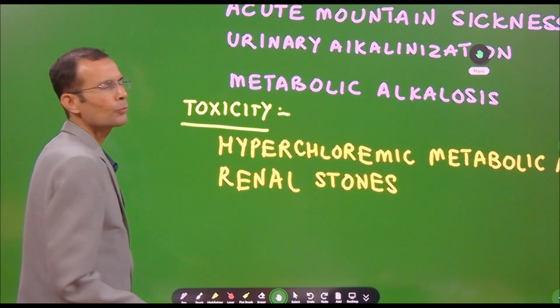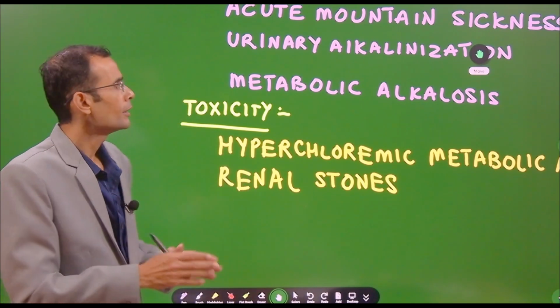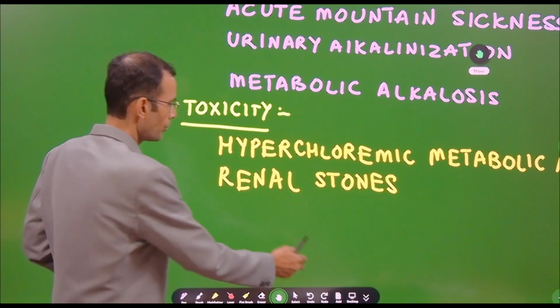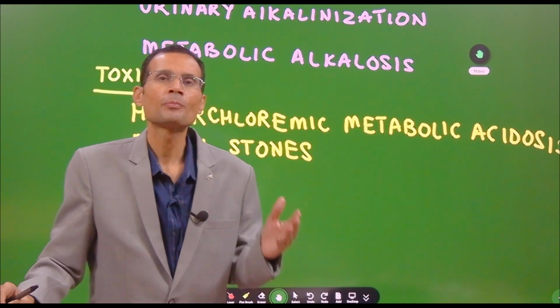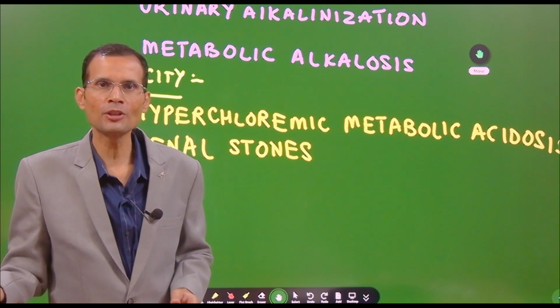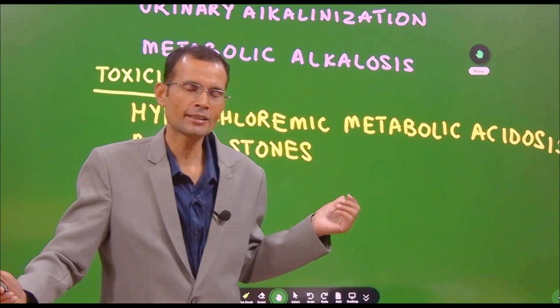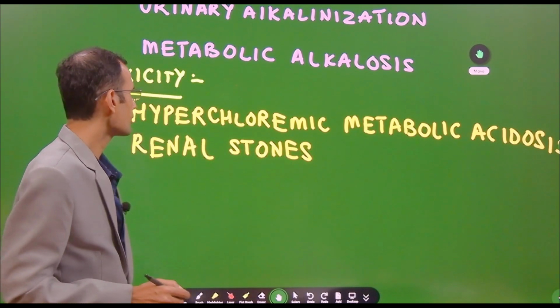Toxicity, well, you can discuss it more in the pharmacology part, but hyperchloremic metabolic acidosis, obviously that's needless to say. If a lot of alkalis are lost into the urine by the action of acetazolamide, then the resultant condition will be acidosis.